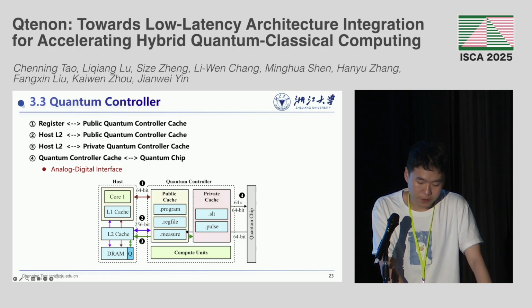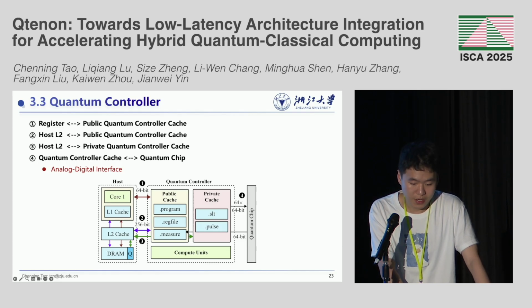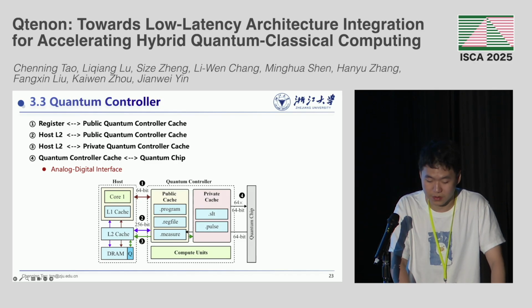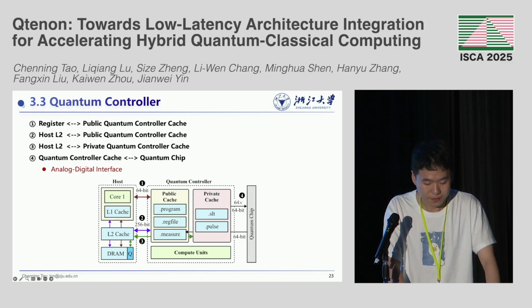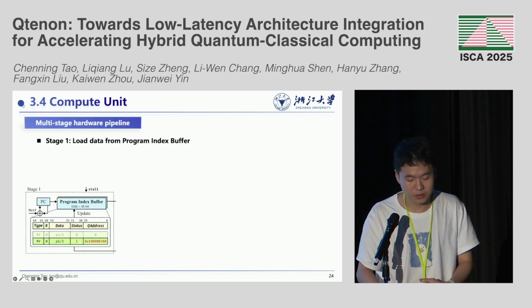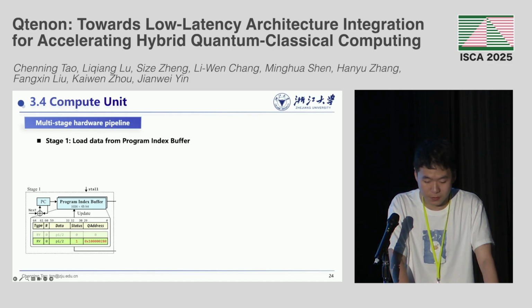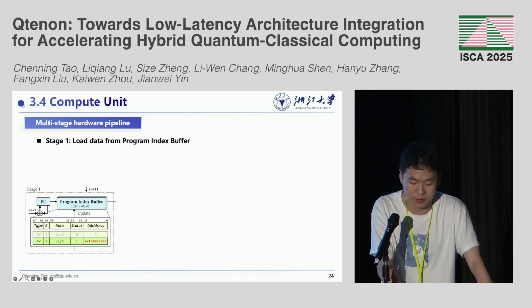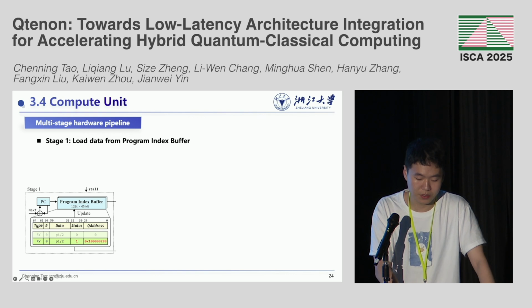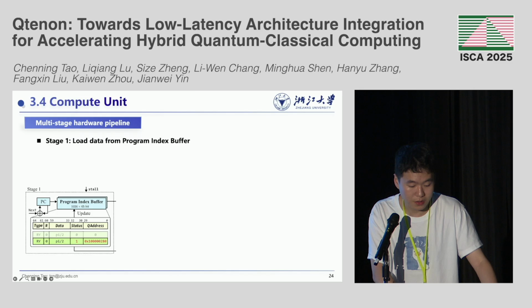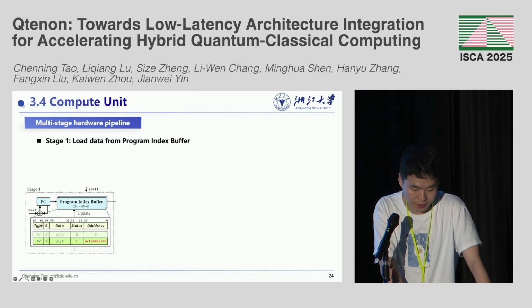For the connection between the quantum controller cache and the quantum chip, we follow the existing hardware protocol and use ADI interfaces to establish the connection. For the pulse generation part, we have designed a 4-stage hardware pipeline to maximize parallelism and eliminate redundant computation. The detailed procedure can also be found in the paper.